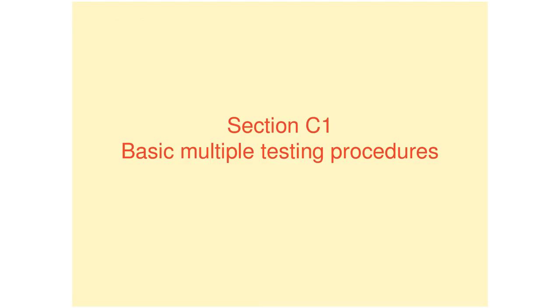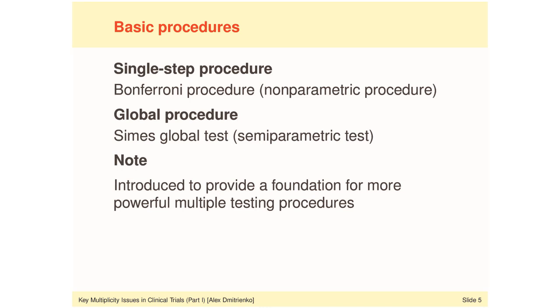Section C1, Basic Multiple Testing Procedures. Let us begin with setting the stage for popular non-parametric and semi-parametric procedures. And these are, by the way, multiple testing procedures that are widely used in clinical trial applications.